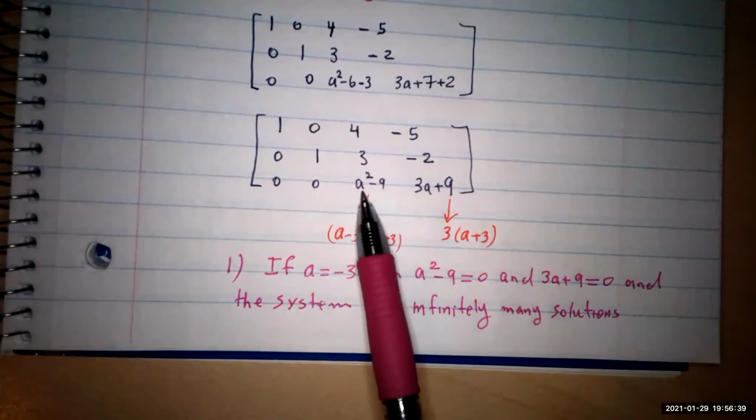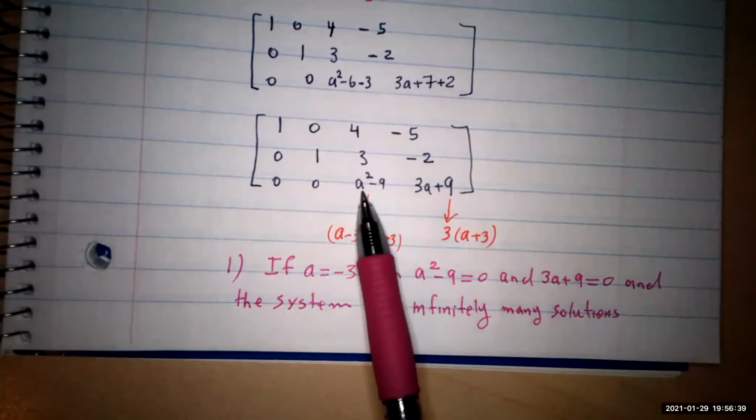You claim that if a is equal to 3, then a squared minus 9 would be 0, because 3 squared is 9, minus 9. But 3a plus 9 is not.